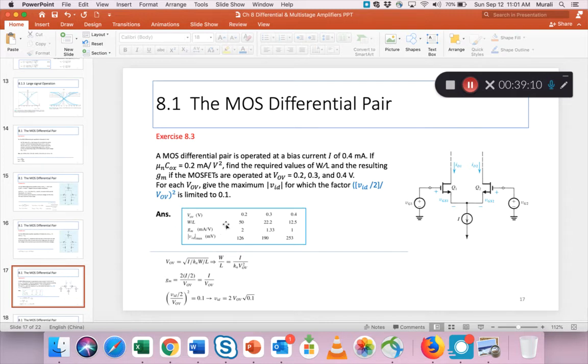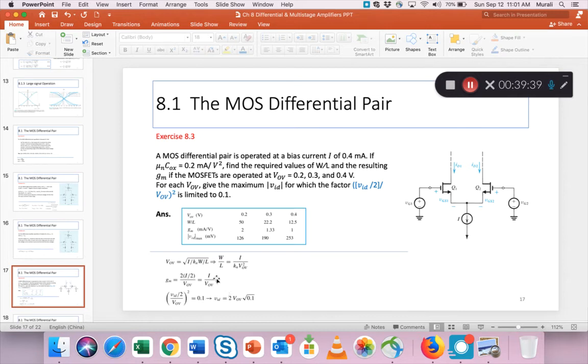So the formulas to use to find W by L. Now the W by L is also decreasing, right? In one case it's 50, then it decreases to 12.5. That's an important thing. That means that you have to change the construction of your device. So find that, and the transconductance and the VIDs.